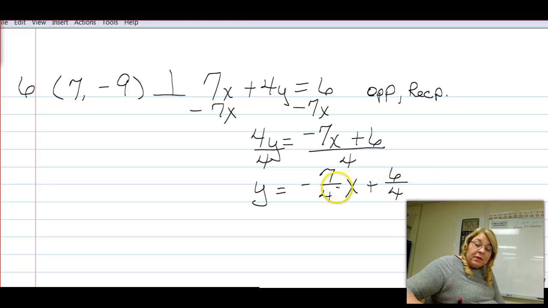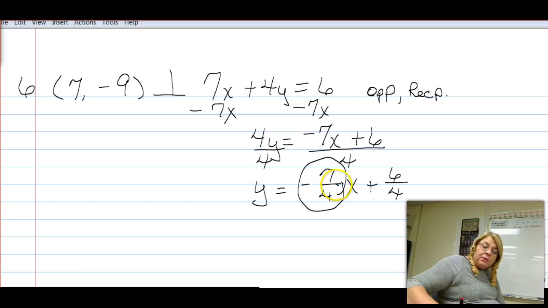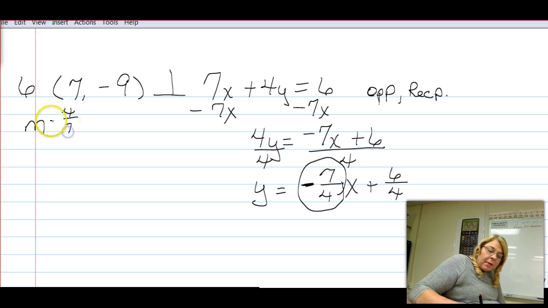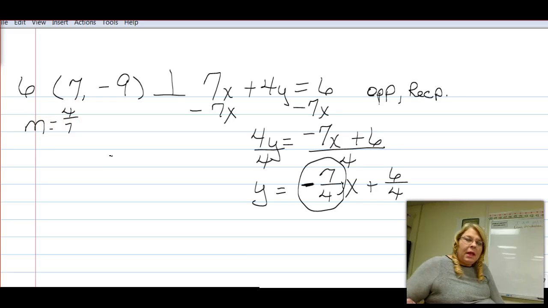I'm not really interested in the 6/4. I'm interested in the slope. I want to use that slope to find a line perpendicular. I said it had to be the opposite sign, so I'm going to have a positive, and it needs to be a reciprocal, so it's going the opposite direction. So the slope that I need to use to come up with a line perpendicular is positive 4/7.